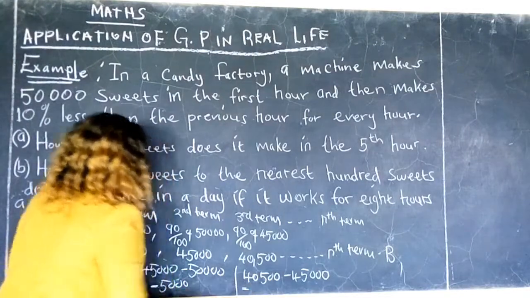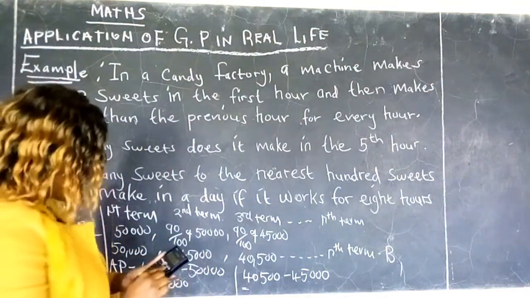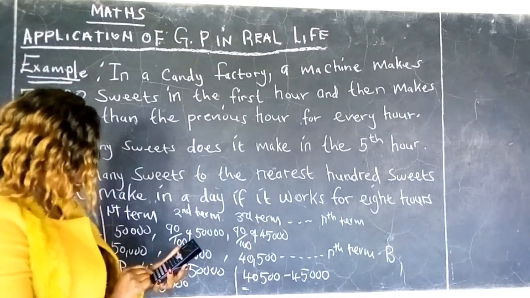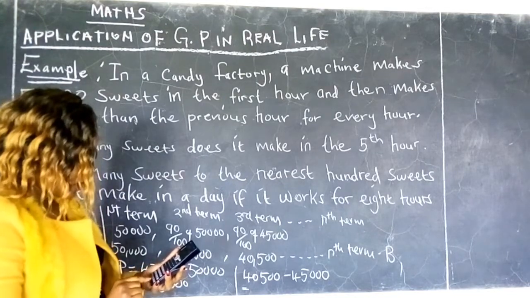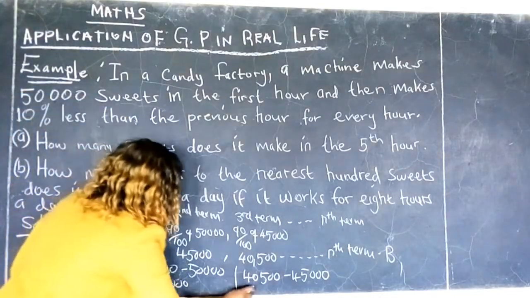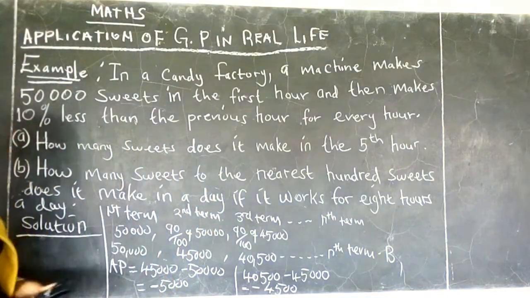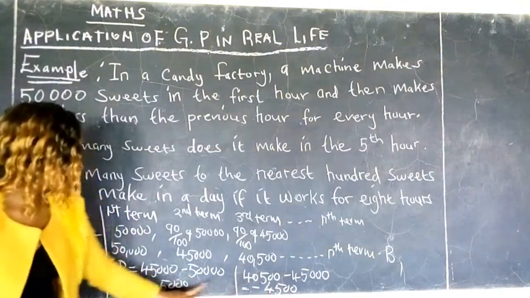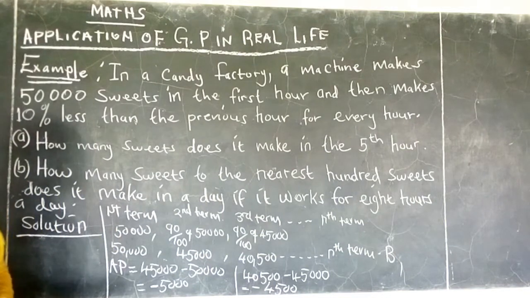If you use your calculator here, we're in a generation of calculators. 40,500 minus 45,000, we have negative 4,500. So that is why we are saying this is not an AP, because this is not common. It doesn't have a common difference that is equal.